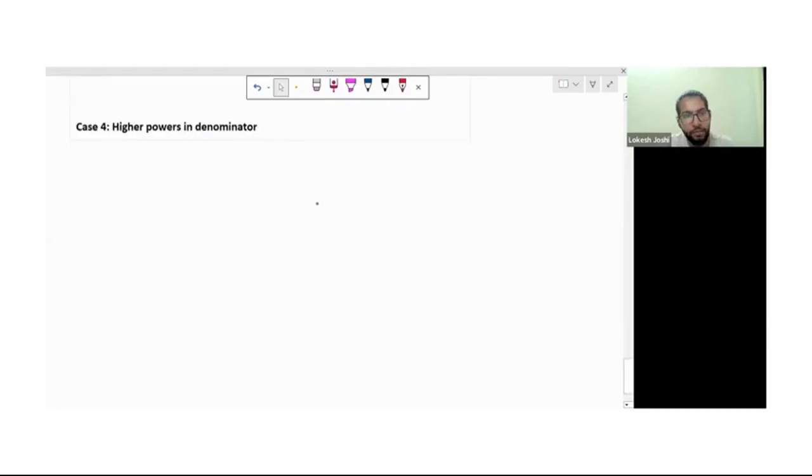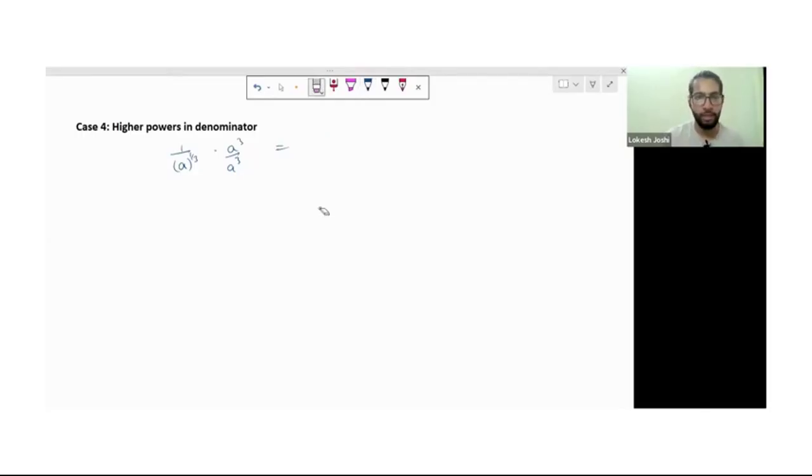Now the last case, when higher powers in the denominator are given. For example, if it's given 1 upon a to the power 1 by 3, then in that case you will multiply by a to the power 2 by 3 in both numerator and denominator, and you will get the answer.